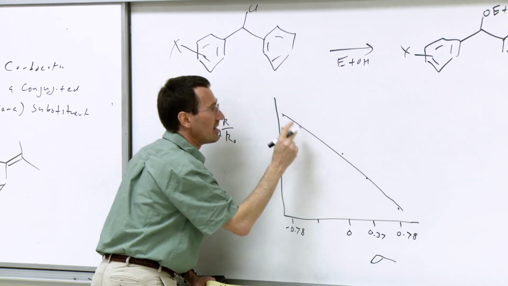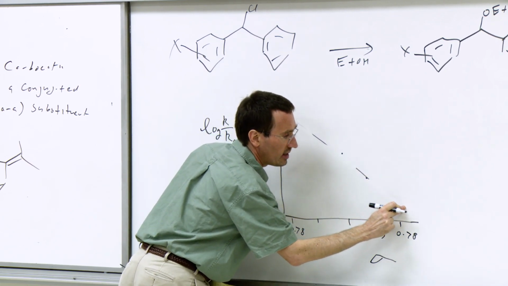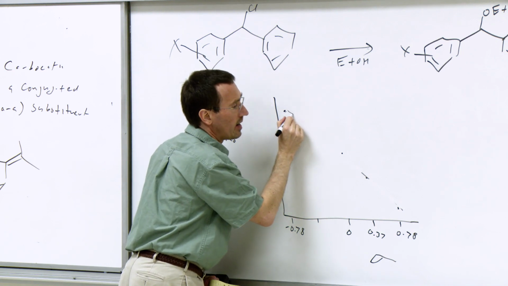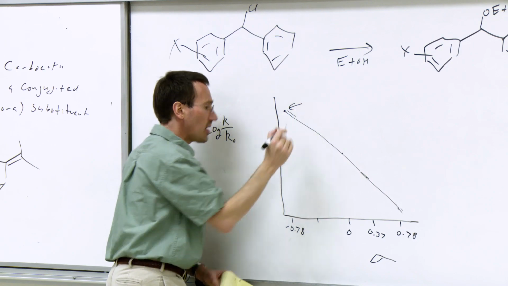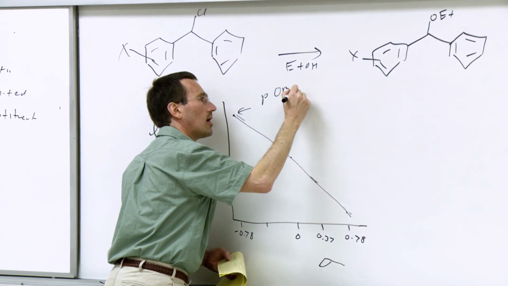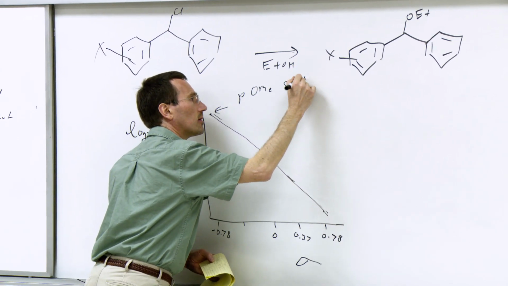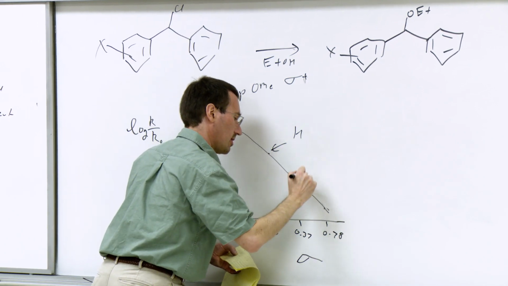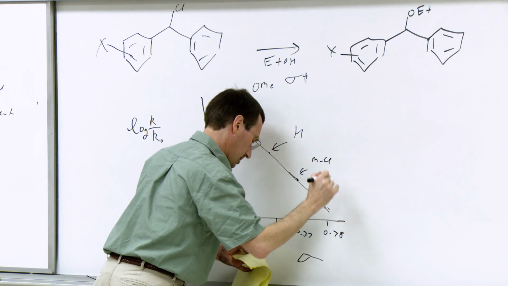And if I've drawn this correctly, I haven't quite gotten it on the line, which just shows how I do without a graph paper, without a grid here. But if I drew this correctly, what we get is a straight line. So here's our data point for para-methoxy, sigma plus. Here's our data point for hydrogen. Here's our data point for meta-chloro.